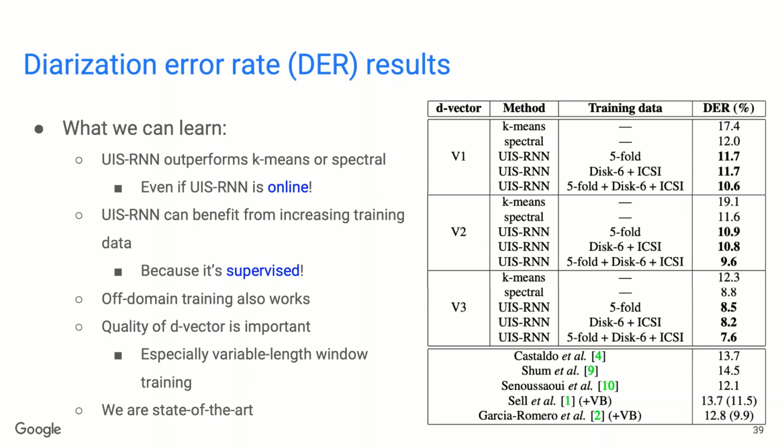Besides, we see that off-domain training also has good results. Also, the differences between different D-vector models are big, especially the variable length window training, which is D-vector V3. Finally, UIS-RNN has the state-of-the-art performance compared to previous work.